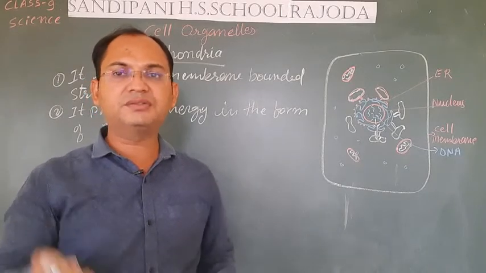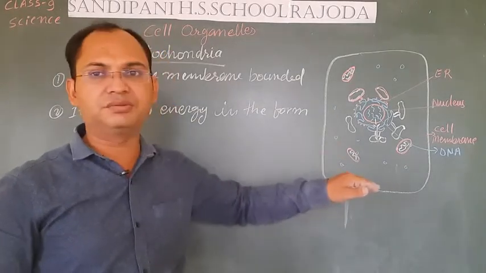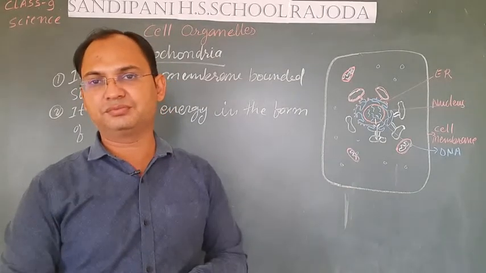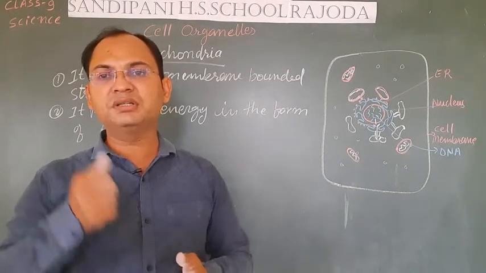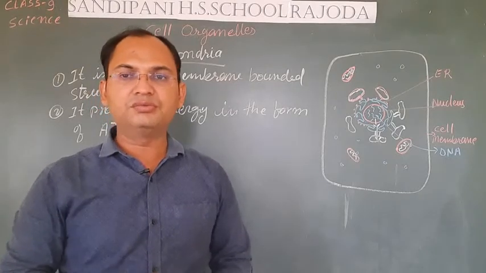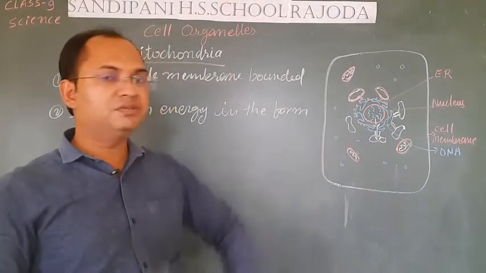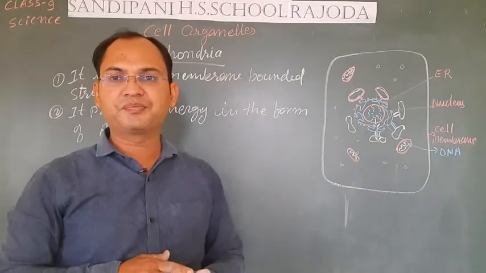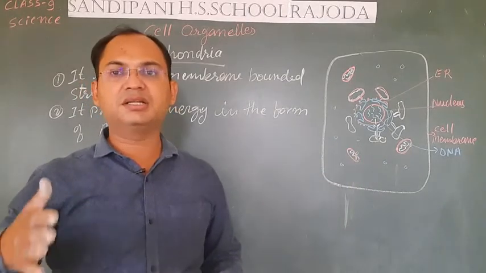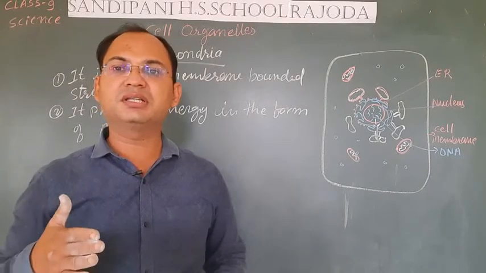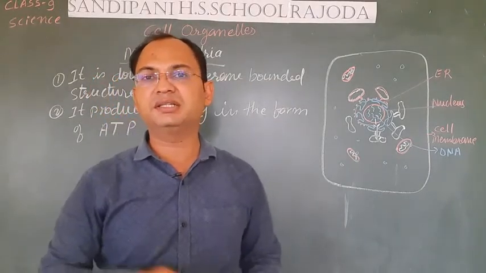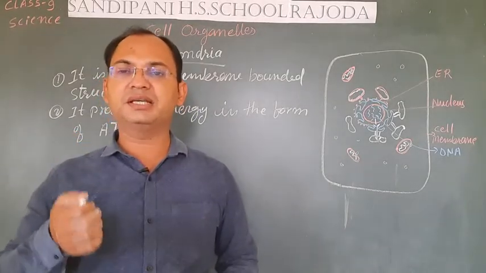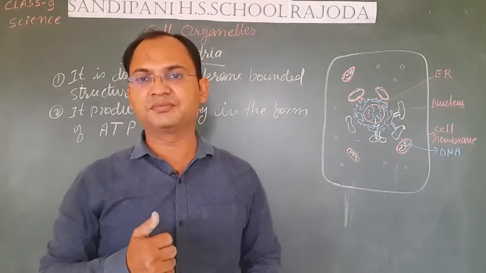A little amount of DNA is also present in mitochondria, and mitochondria has its own ribosomes also, which help in the production of protein. So, in absence of information or control from the nucleus of the cell, mitochondria can remain in function, can continuously produce energy, and it can also synthesize its own protein because it has ribosomes in it.